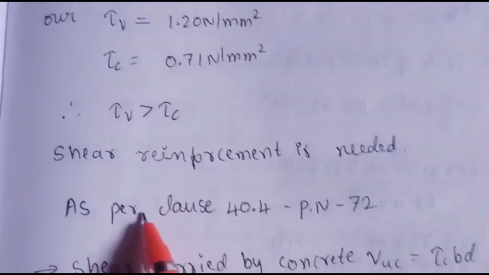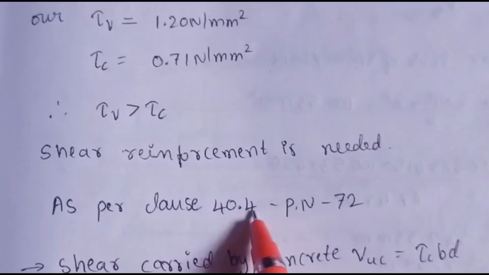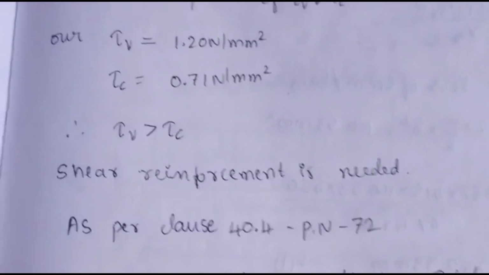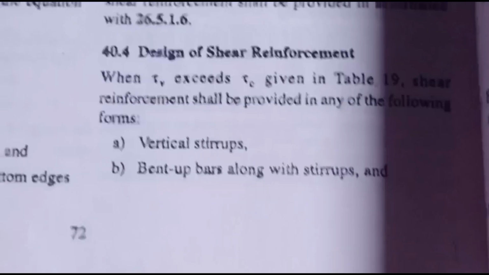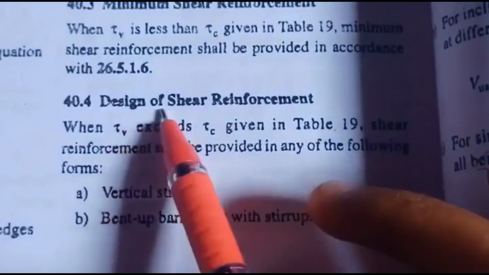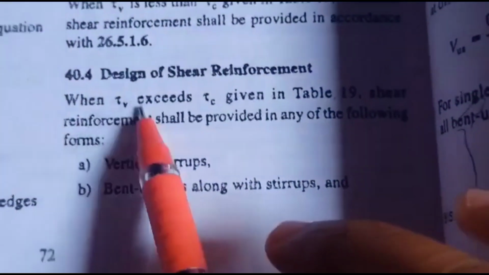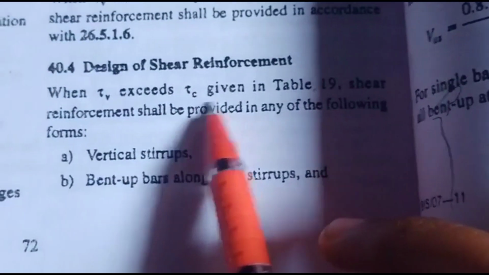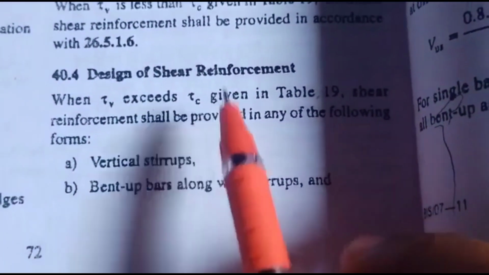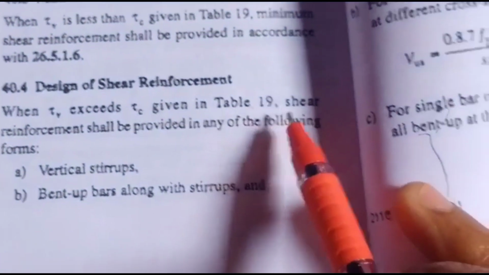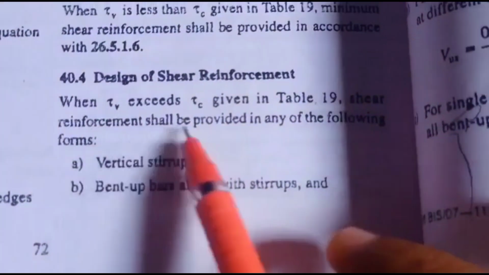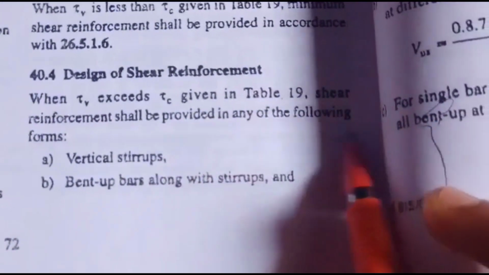As per clause 40.4, page number 72, we will see what it says. For design of shear reinforcement, when tau v exceeds tau c given in table number 19, the shear reinforcement shall be provided in any of the following forms.